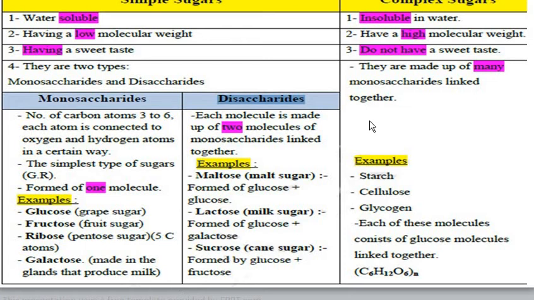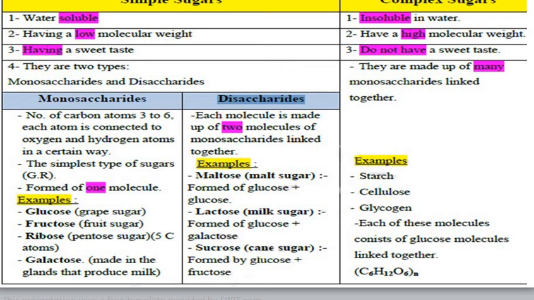Lactose consists of glucose and galactose, and sucrose consists of glucose and fructose. So the main sugar found in the disaccharides is glucose. Glucose is the main component that forms disaccharides, and the other product differentiates one disaccharide from another.